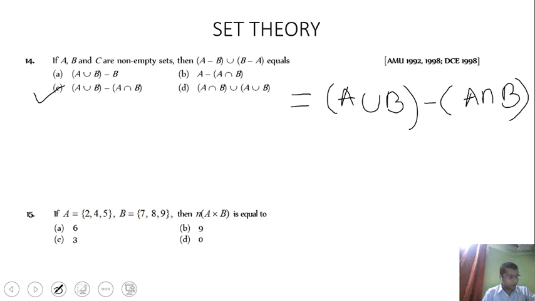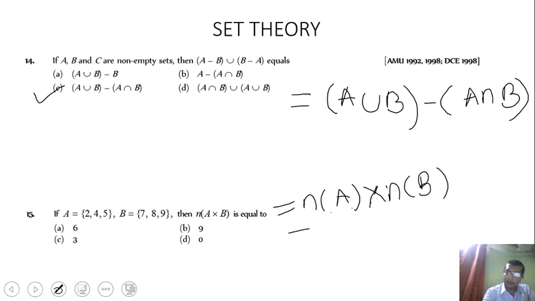Directly we use the formula: for the Cartesian product of A and B, the total number of elements is n(A) times n(B). The cardinality of set A is 3, times the cardinality of set B, which is 3 here.